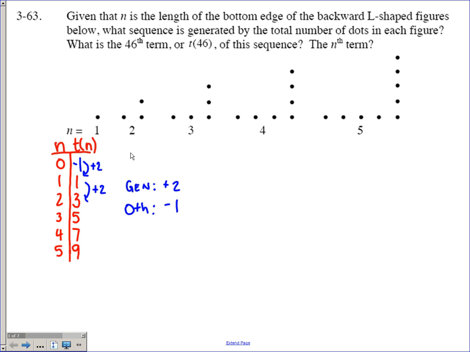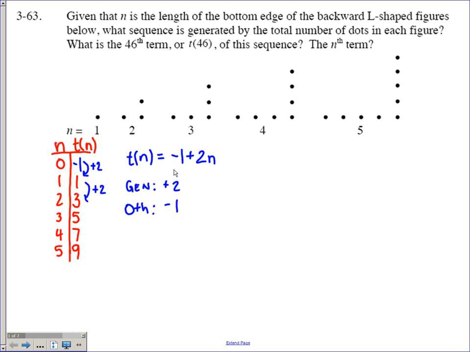So when we're trying to come up with our general rule, t of n equals -1, our 0th term, and each time we're adding 2. The way we show that we're adding 2 again and again is by multiplying 2 times n. So it's a total of adding 2 n amount of times.